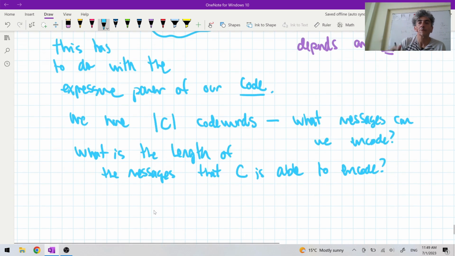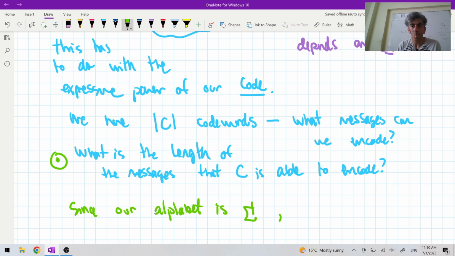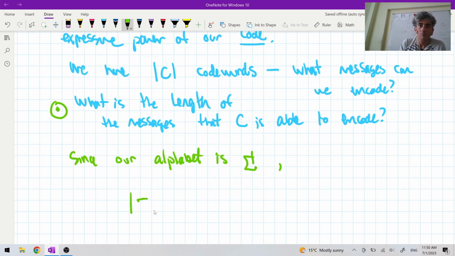Well, this is a crucial question. What is the length of the messages that C is able to encode? Since our alphabet is sigma, then assigning a letter to each of the letters of the message, what we have is this relation.